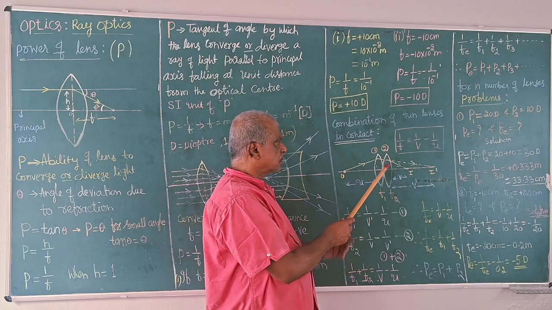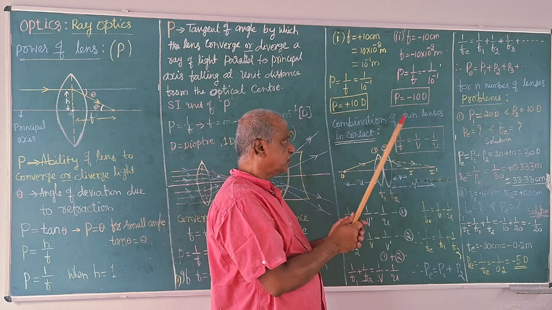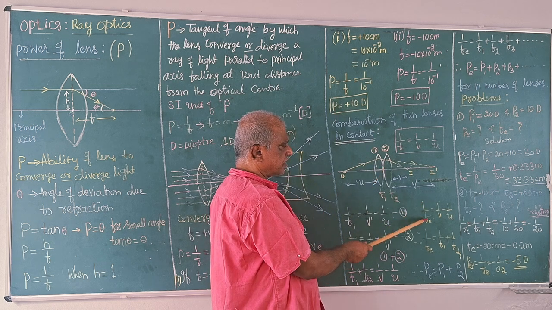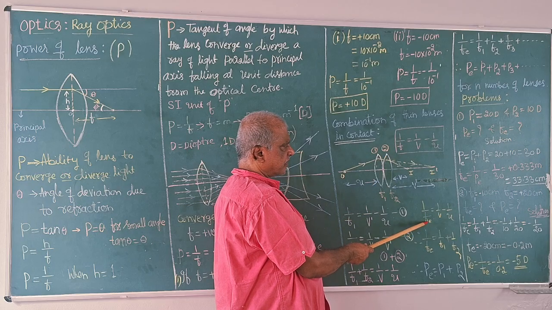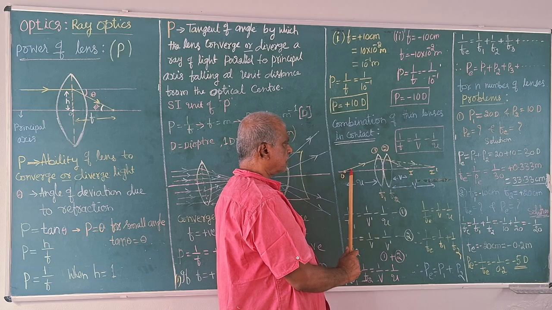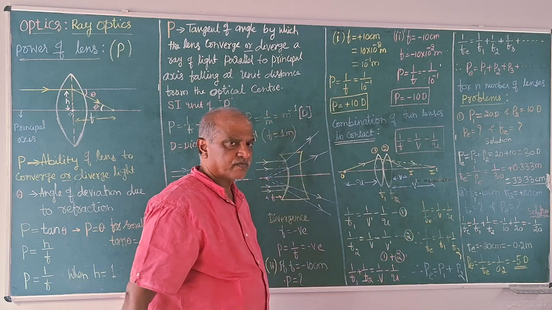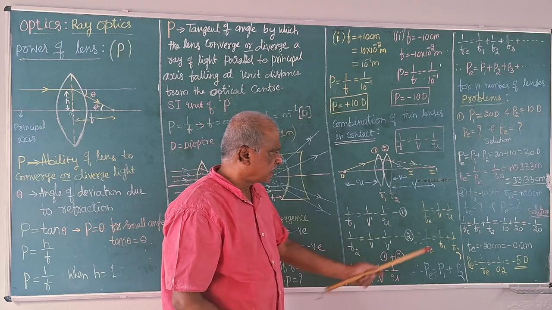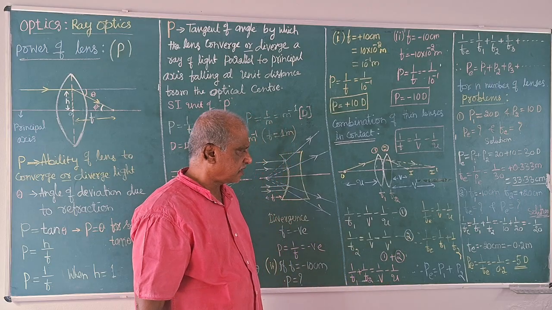Assume that as one together, there is one lens, that is the effective combination. Here for the combined effect, what is the image? This net overall image is this, the overall object is this. For the combined effect, right hand sides are same, so left hand side must be same.